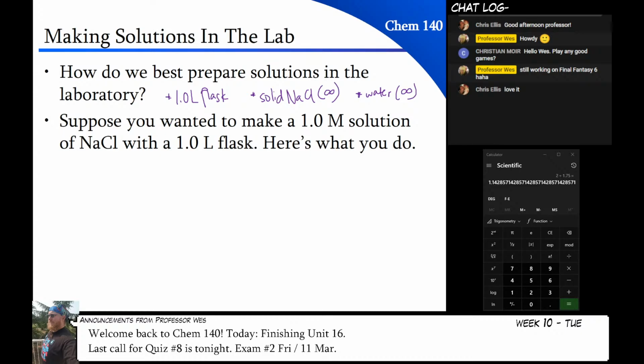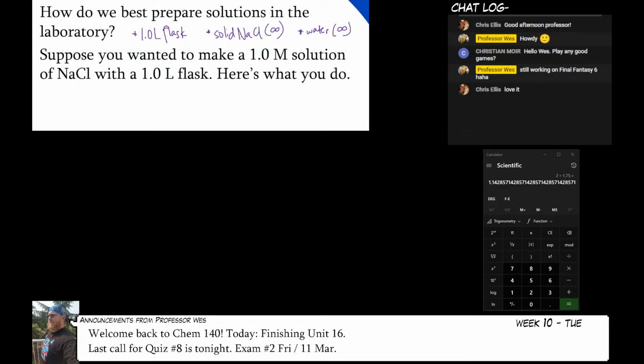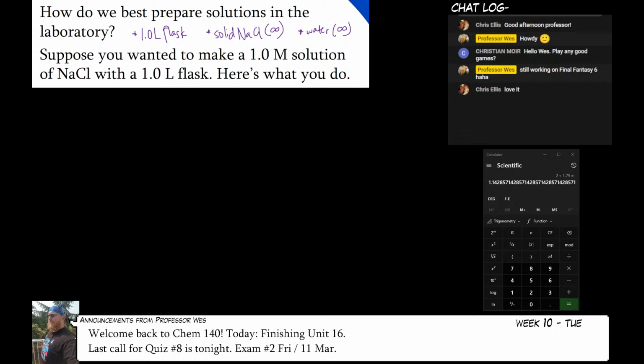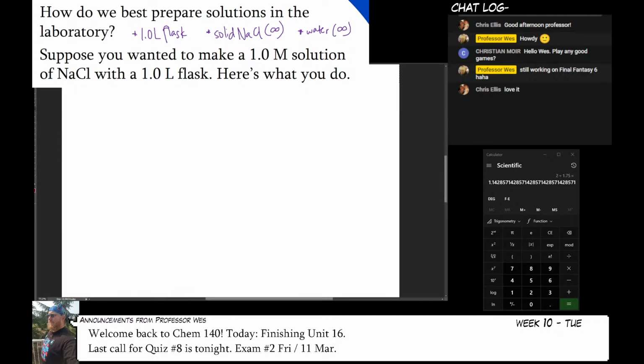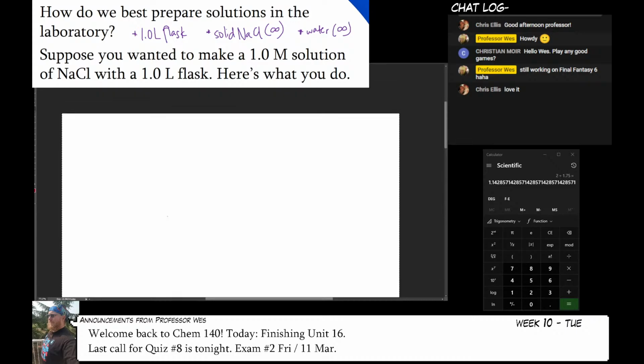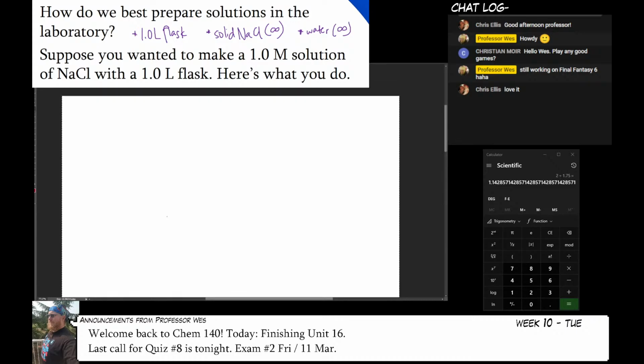So let's talk about a procedure here. This didn't show up. That's weird. Oh, there we go. Okay. Scroll all the way up here. You see, I put the calculator on this page too. All right, so here's my sodium chloride on like a little sheet, a little weighing boat or something.